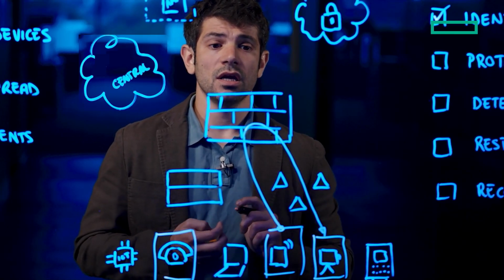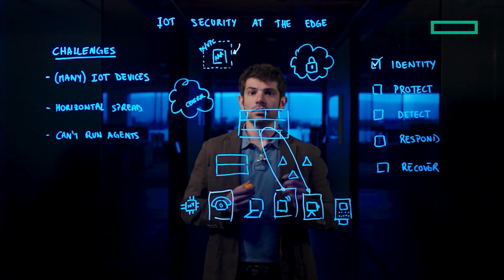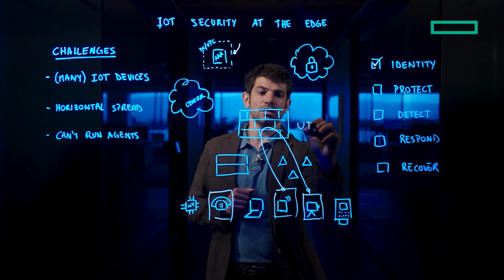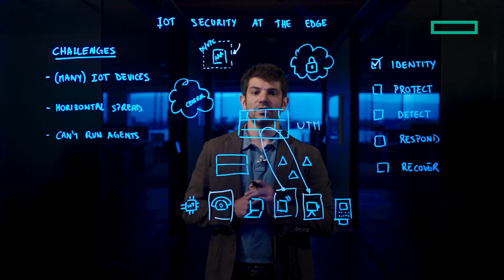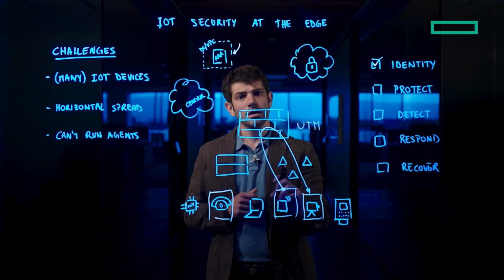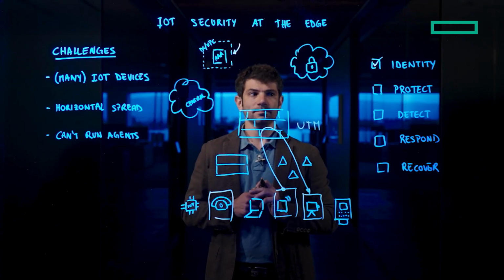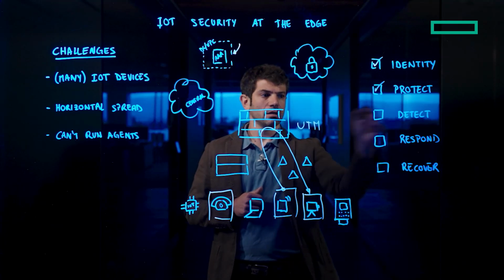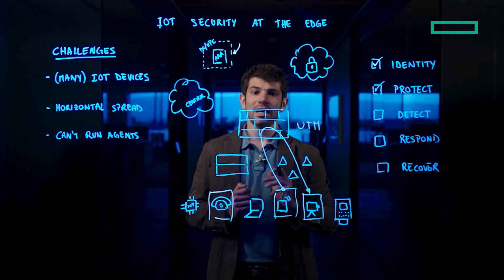We're also talking about more advanced threats, like the things we could detect with an IDS/IPS. So this is our unified threat management device. This iPad can reach the camera. This iPad cannot hack the camera. So we're protecting it. And next step, we're going to see how we're detecting it.